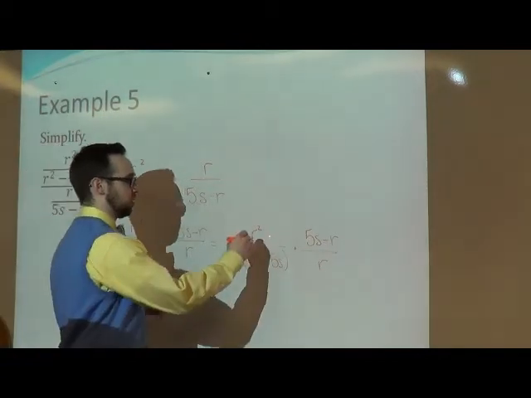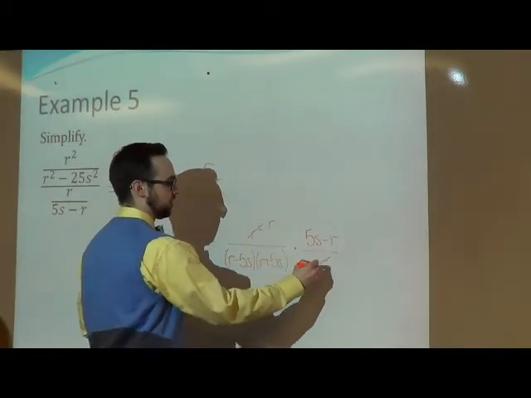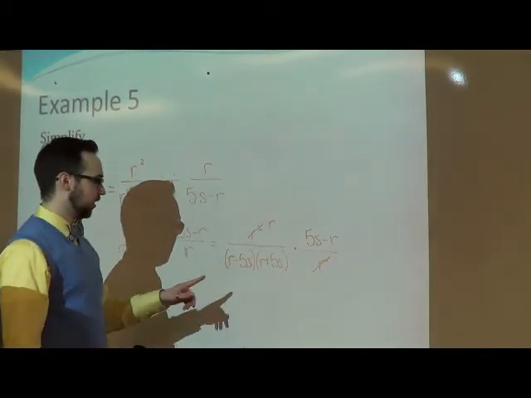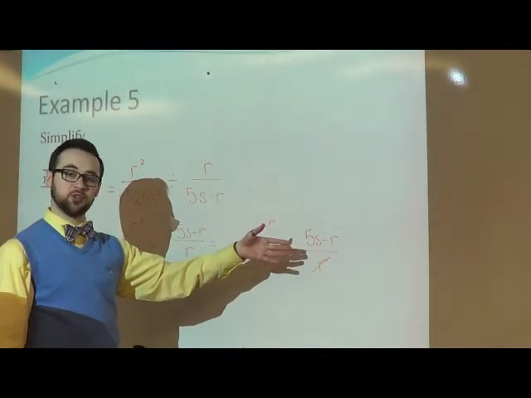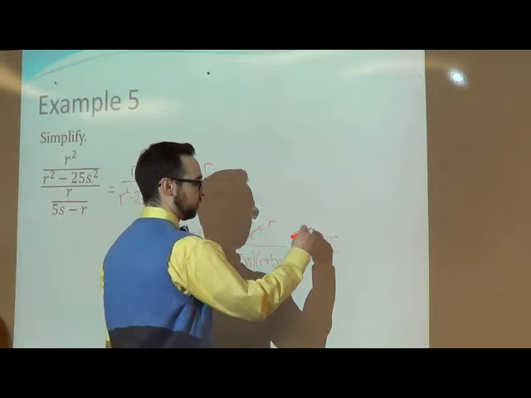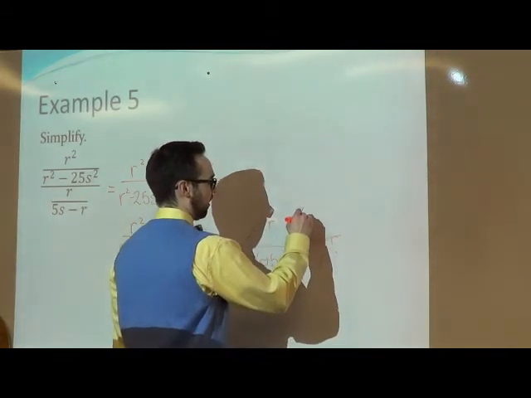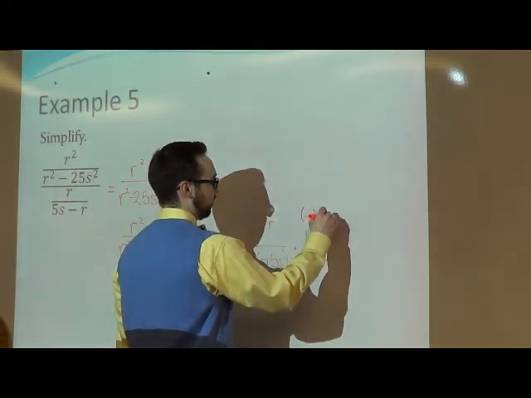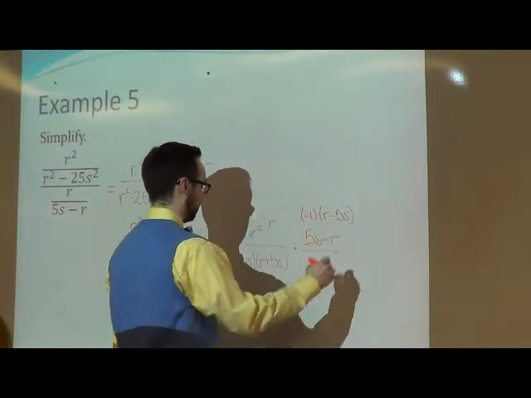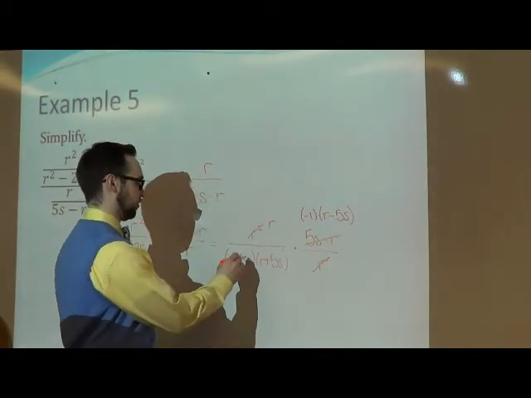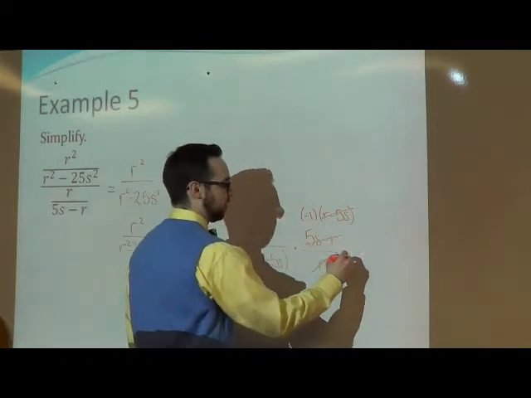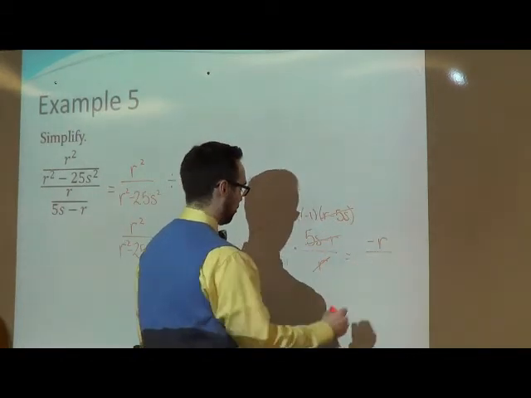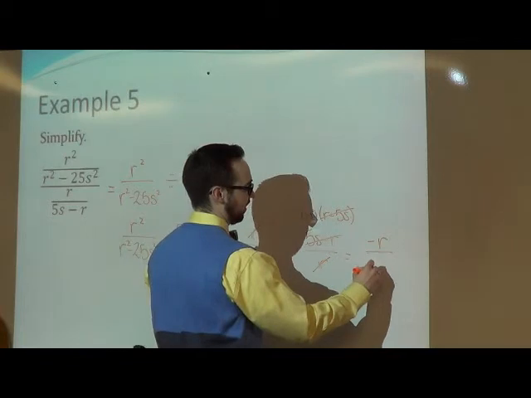So the r squared and the r will cancel, leaves me with one r here and nothing down here. Notice, r minus 5s, 5s minus r. What can I do to rewrite that? I can rewrite this one as negative 1 times r minus 5s. Now we have the same thing. So now these will cancel. We're left with an r and a negative 1, so we have negative r over r plus 5s.